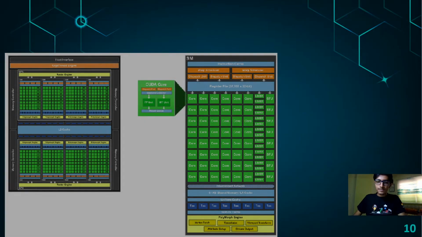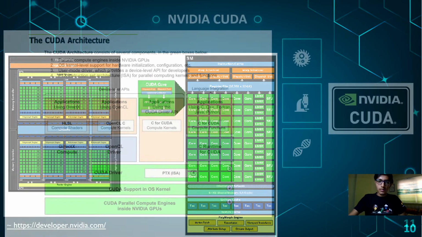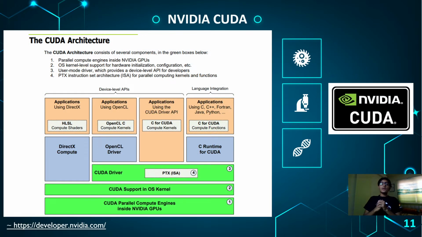Coming back, let's talk now about NVIDIA CUDA. NVIDIA CUDA is a revolutionary architecture designed by NVIDIA which supports image processing. It has many applications on different drivers.